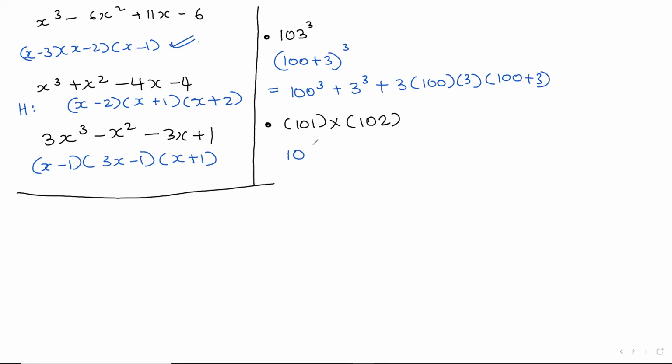How can you do this? Ma'am, 100 plus 1 multiplied by 100 plus 2. Yes. So, Hamna, what do you think we can apply here? What will this be equal to?